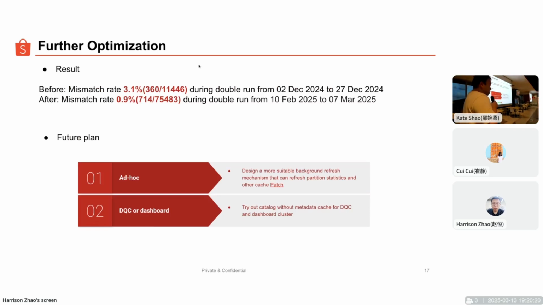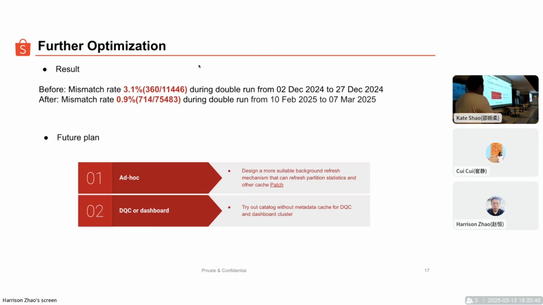After all the operations are taken, you can see the mismatch rate reduced from 3.1% to 0.9%. And I took one day of mismatch records and dug into them. All of the mismatches are related to the incomputable function.